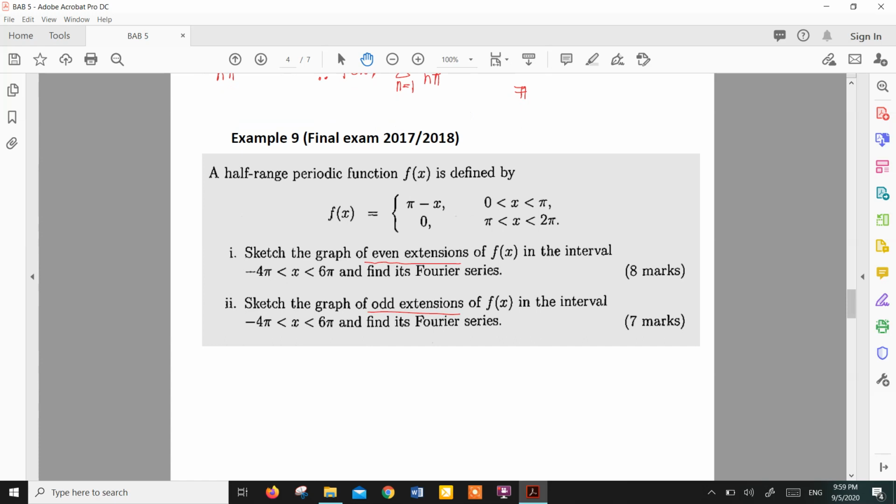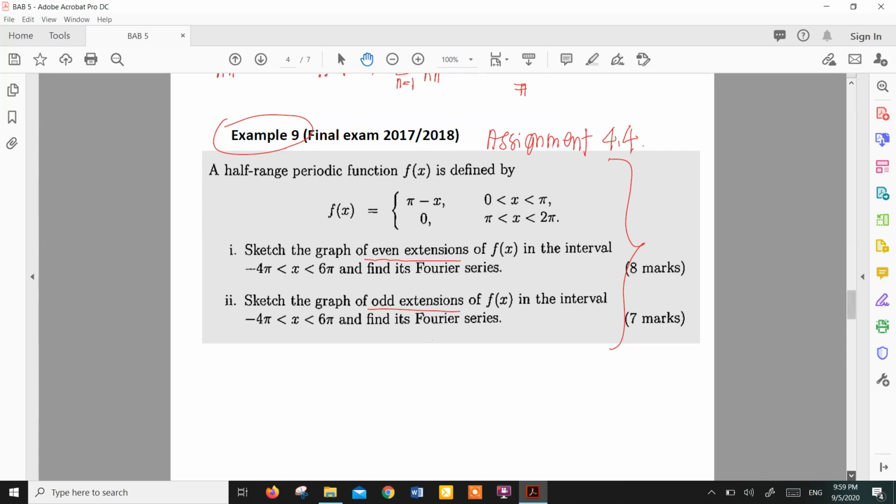So I want you to try example 9. Do all questions, and submit as assignment as usual. Assignment 4.4, only this question.